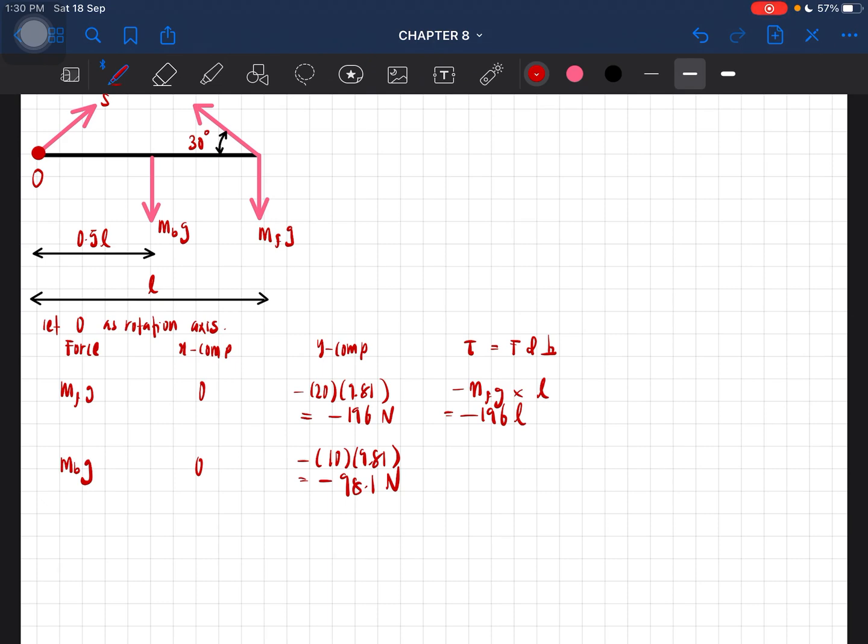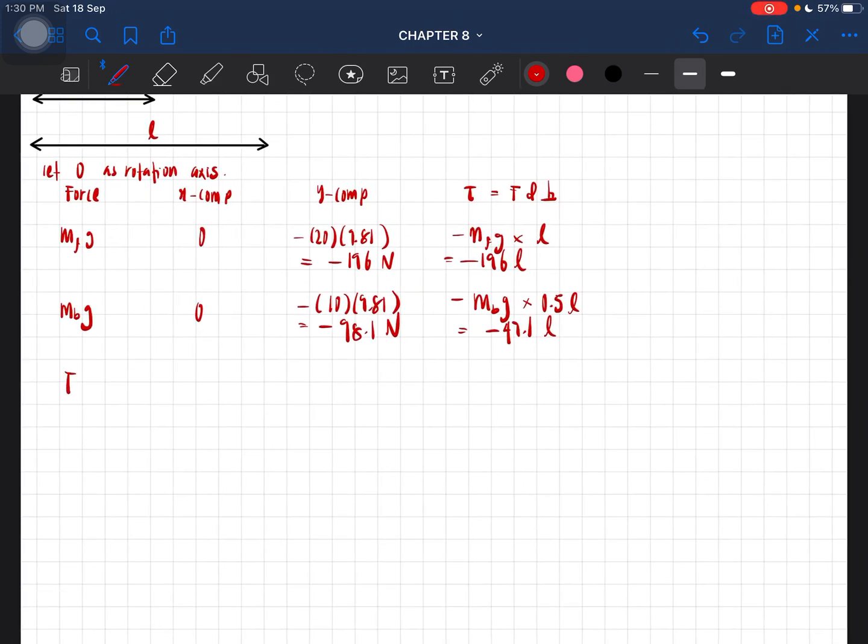Okay, lepas tu torque dia pula sama juga, this is the force, this is the distance yang 90 degree, which is 0.5 L. So this is negative 98.1, dia pula negative sebab dia clockwise, so tulislah negative MBG darab 0.5 L should get negative 49.1 L. Okay, lepas tu kita tengok tension pula.